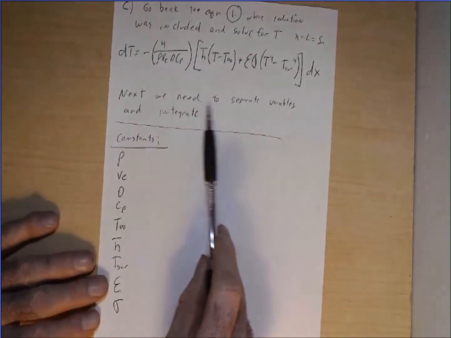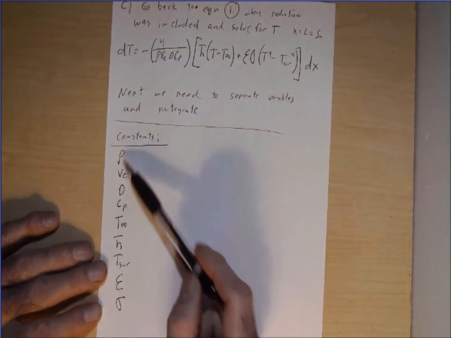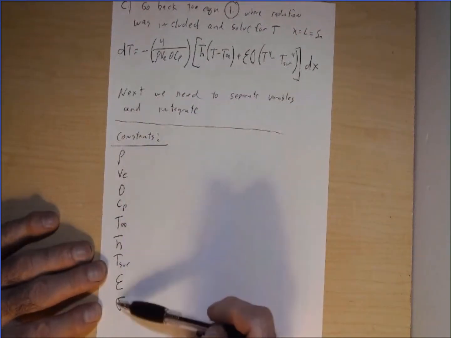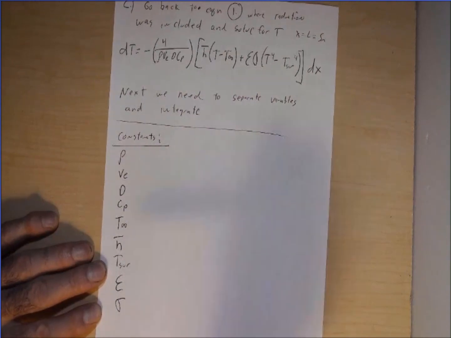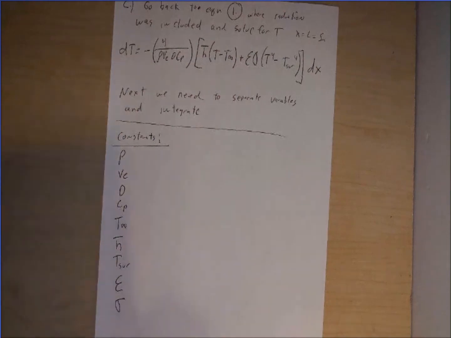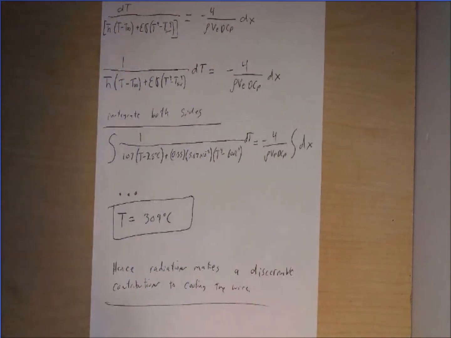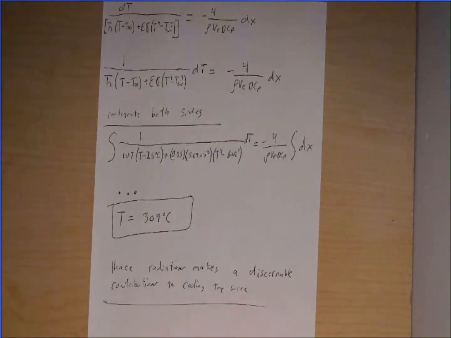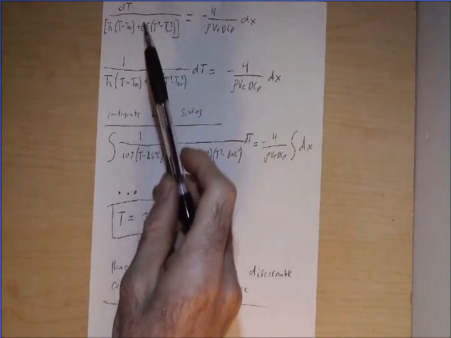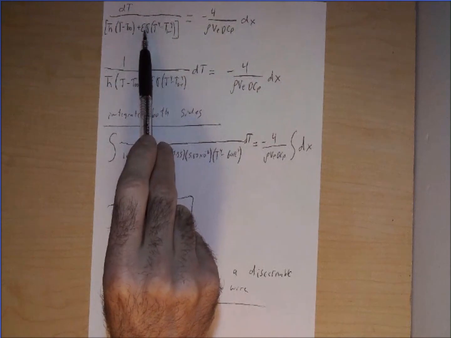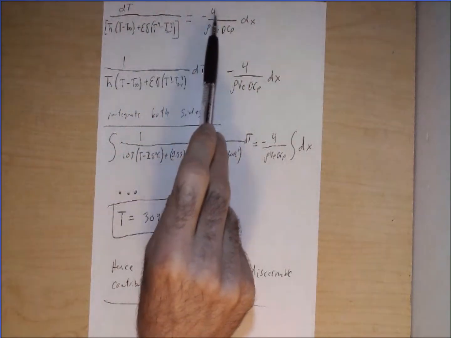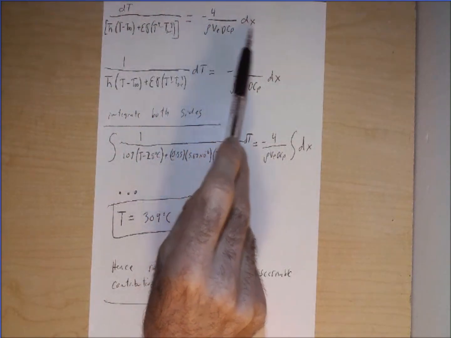From there, we need to separate variables and integrate. So I made a list of all of our constants. We have a lot of variables in this equation, and I need to know exactly which ones are constants that I can pull out before I integrate. So I rearrange this, plug back in, and now that I've moved things around, I have dT over our h bar times T minus T infinity plus our radiation term is equal to negative 4 over rho V_e d C_p dx.